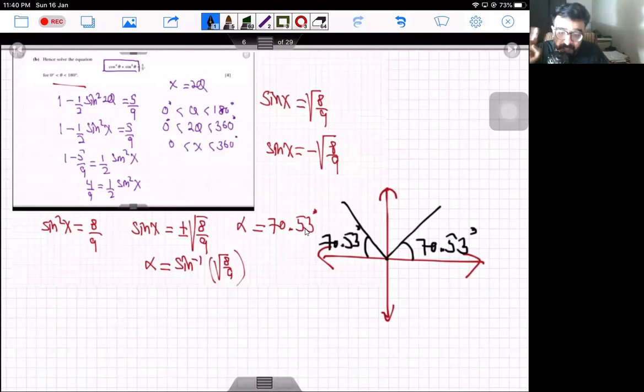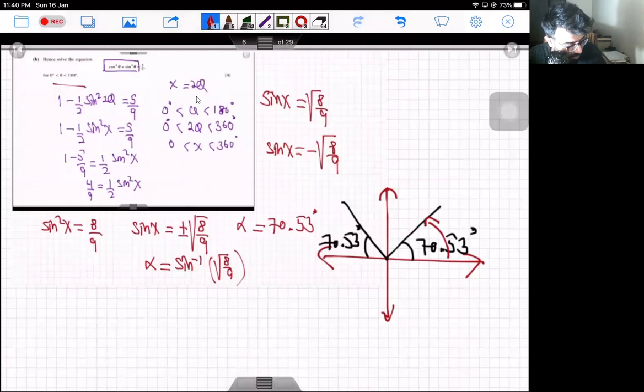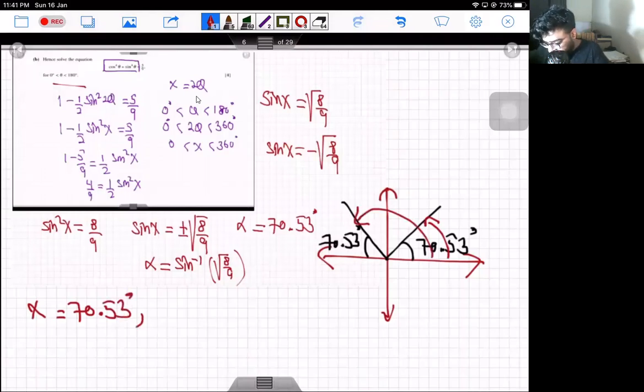But also keep in mind that we are finding the solutions of x, and the interval for x is 0 till 360, because x is equal to 2 times theta. So one possible solution for x is 70.53. The other solution for x is 180 minus 70.53, which is equal to 109.47.